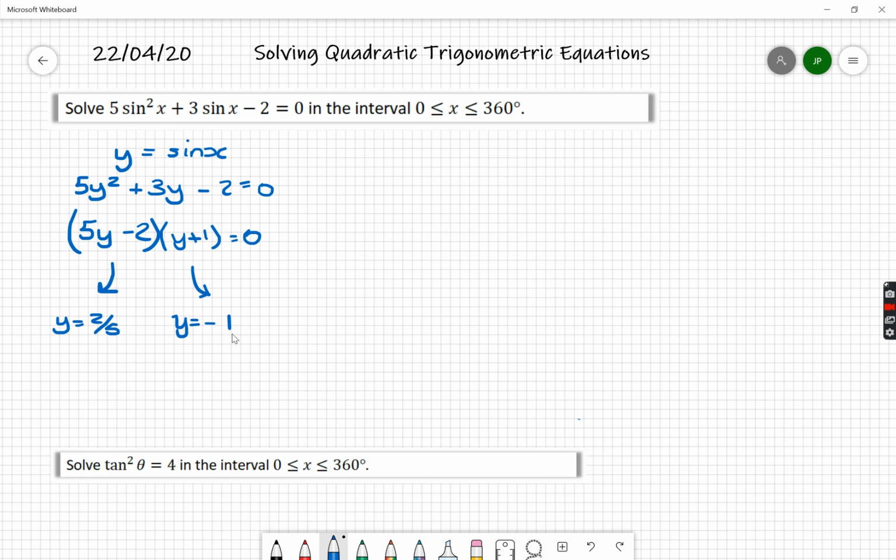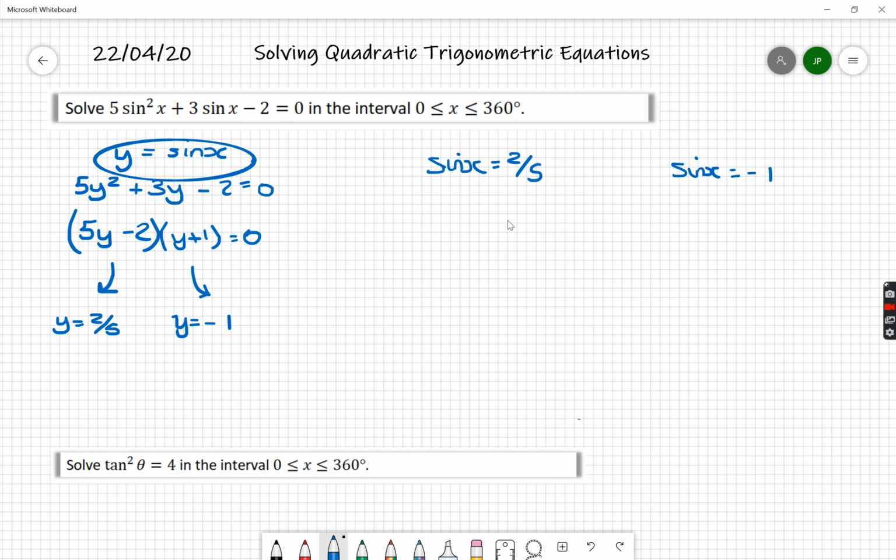However, we aren't interested in y, we're interested in x. So I have to come back to my original substitution. Rather than y, I'm going to substitute back in the opposite way. So sine x equals 2/5 and sine x equals minus 1.